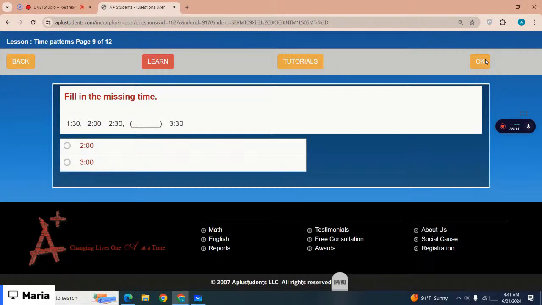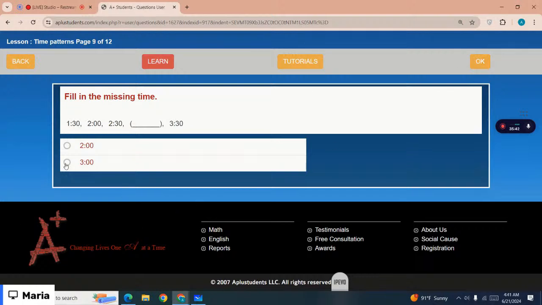Fill in the missing time, which is the correct option. That is 3.